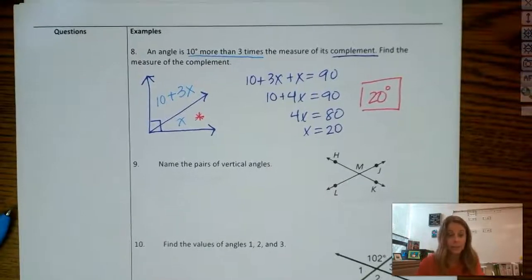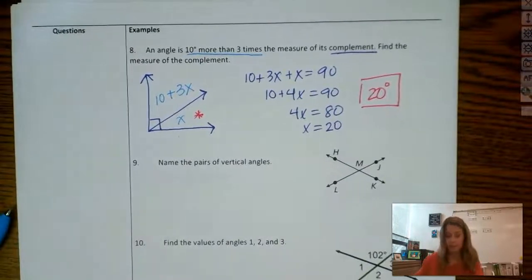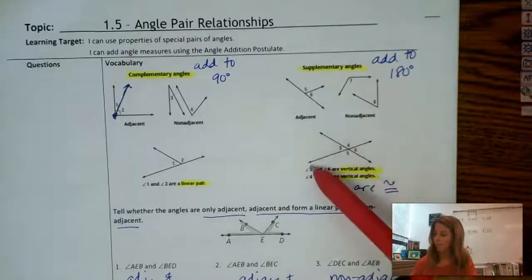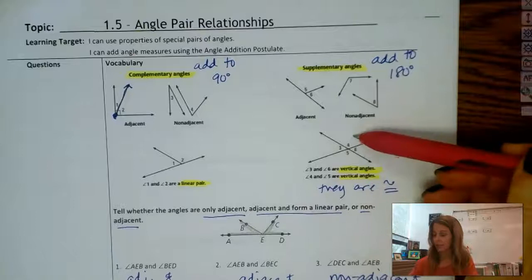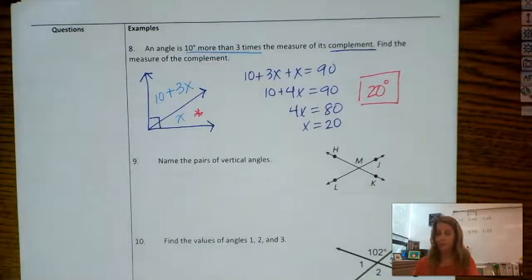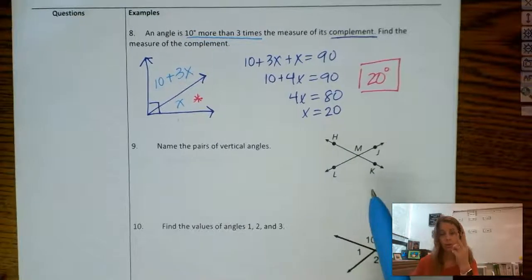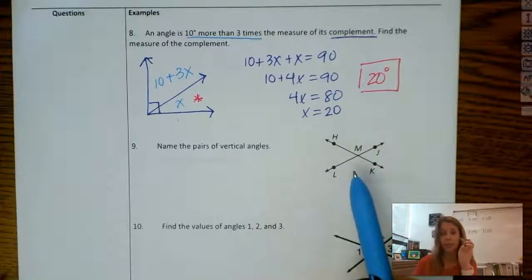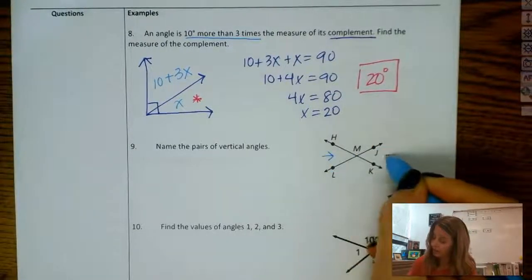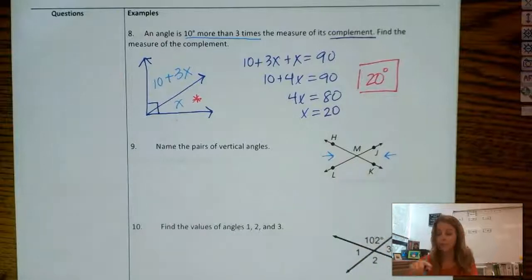Let's look at vertical angles here. Vertical angles are angles that are formed by two intersecting lines and they're across from each other. Name the pairs of vertical angles. There are 2 pairs and I'm going to name them with the 3-letter angle name. The angle on the left and the angle on the right are a set of vertical angles.